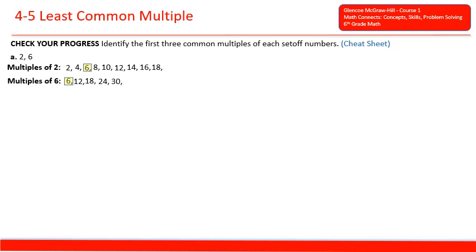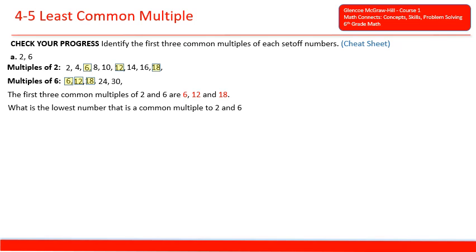The first common multiple of 2 and 6 is 6. The next one is 12, and the next one is 18. So the first three common multiples of 2 and 6 are 6, 12, and 18. What is the lowest number that is a common multiple of 2 and 6? Well, if we look at that, it's 6.